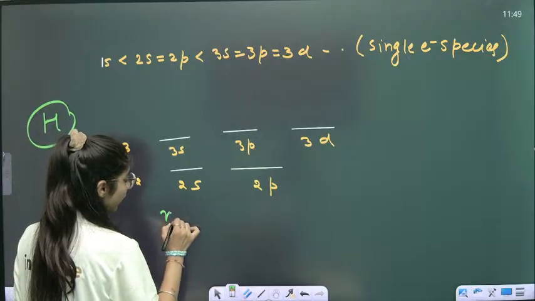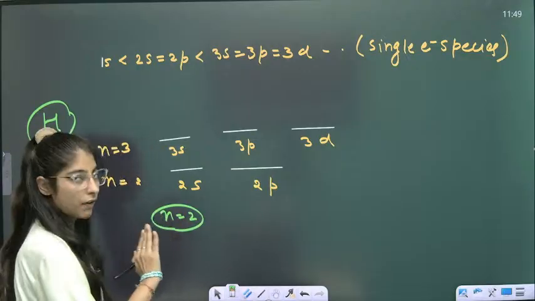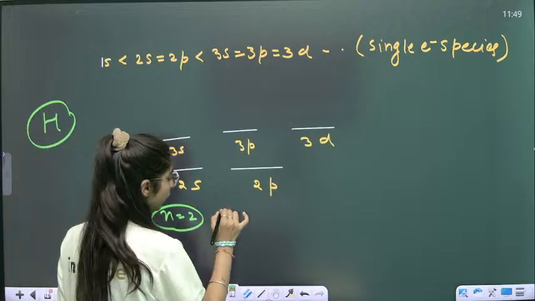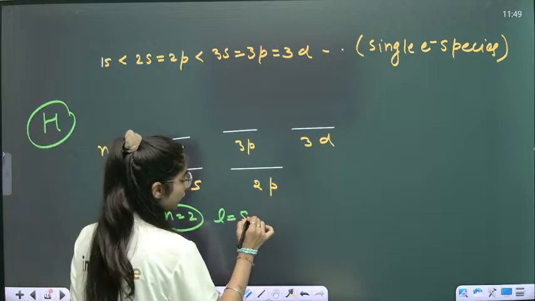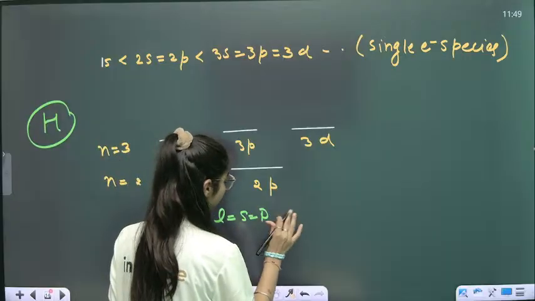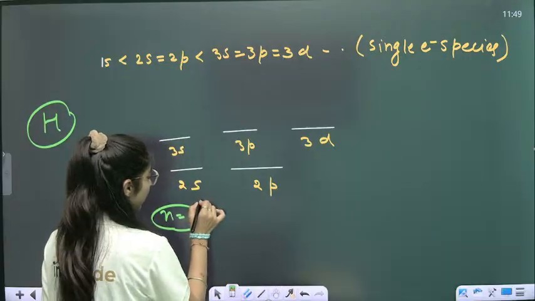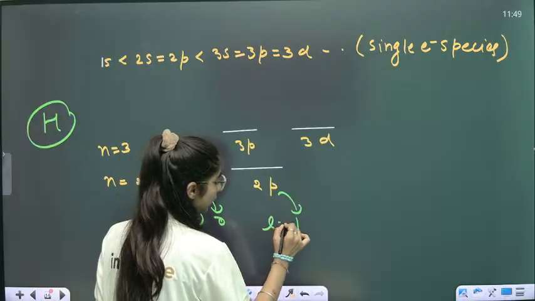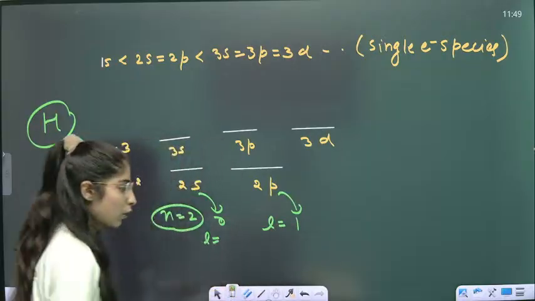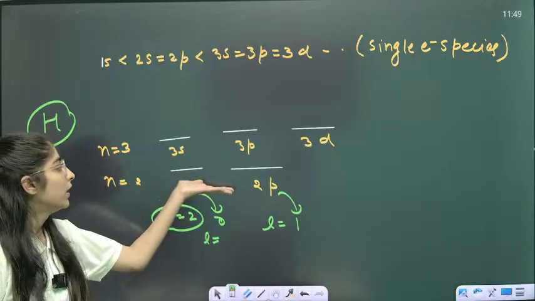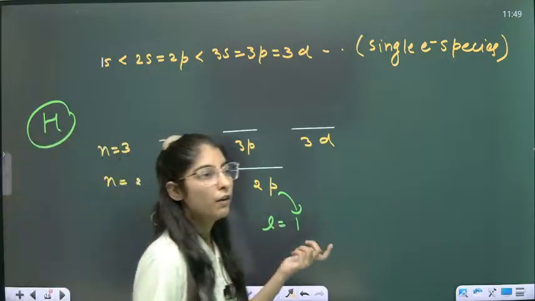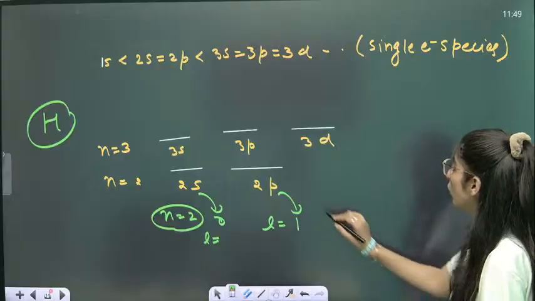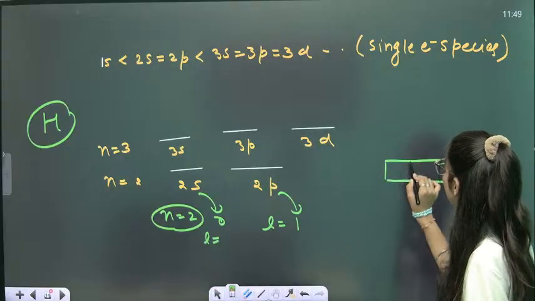Both have n equal to 2, the same value of n, right? But the value of l is different. For s we have 0, and for p it is 1. These are the values of your l. Now see here, these two have different values of ml, and you all know that 2p will be existing like this.